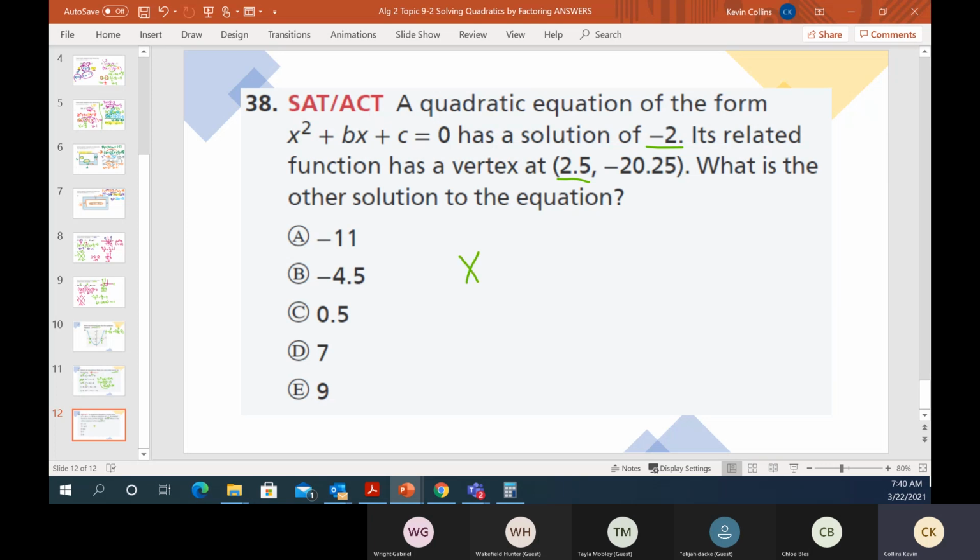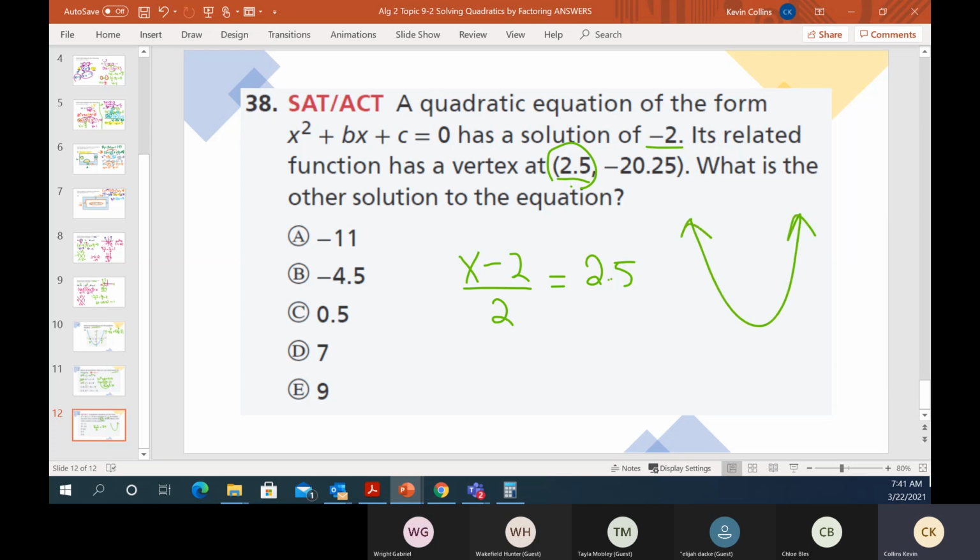If we do the average thing, we say x minus 2 divided by 2 has to equal 2.5.